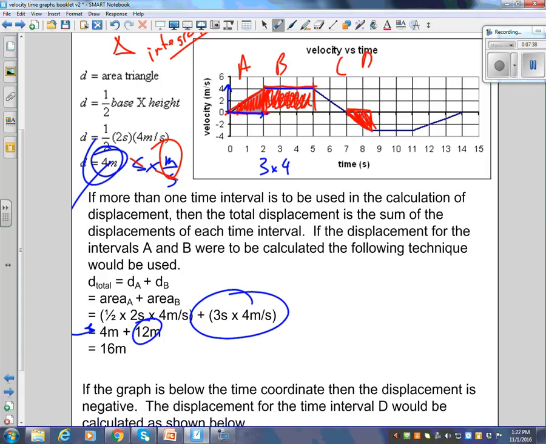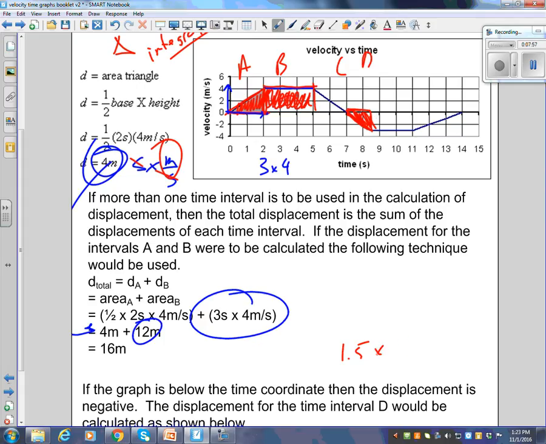Okay, so now let's have a look at this triangle. So this triangle, what's the base? It's from 7 to, it looks like, 8.5. So that's a base of 1.5. And then the height is negative, so it actually goes down to -3, right?